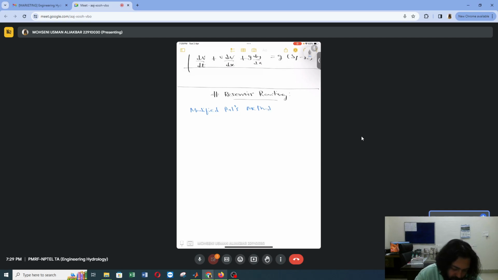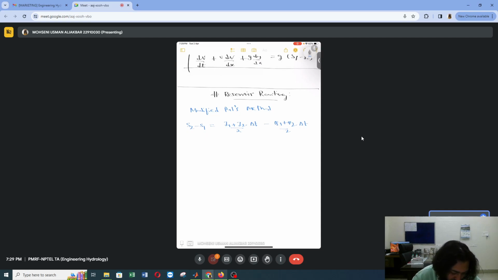So we know the equation on which any hydrologic routing is based. That equation is S2 minus S1 is equal to (I1 plus I2) by 2 times delta T minus (Q1 plus Q2) by 2 times delta T, right? We know this equation. This equation is for any type of hydrologic routing, that is, reservoir or channel.